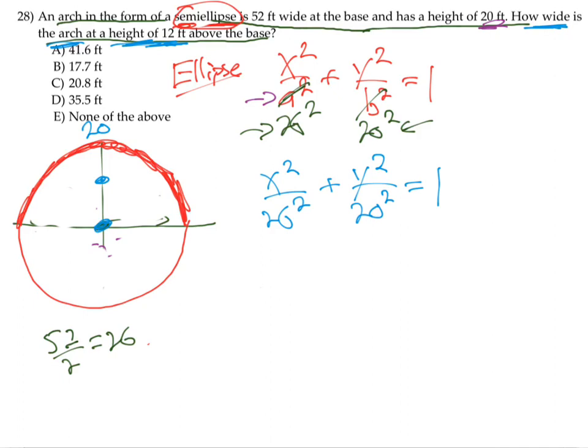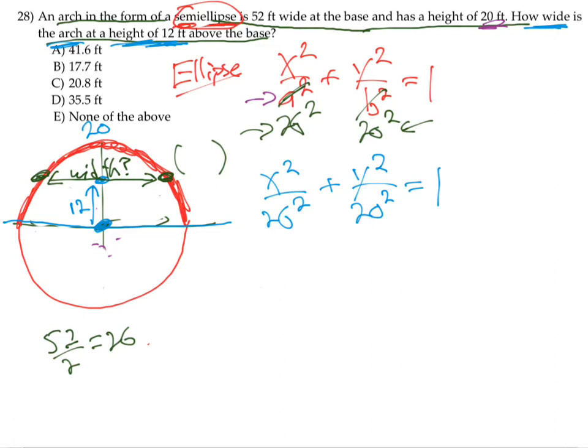From the ground, if you go up 12 feet, the question is, how wide? What's the width of the arch? How wide is the arch at 12 feet high, 12 feet above the ground? That's the question.